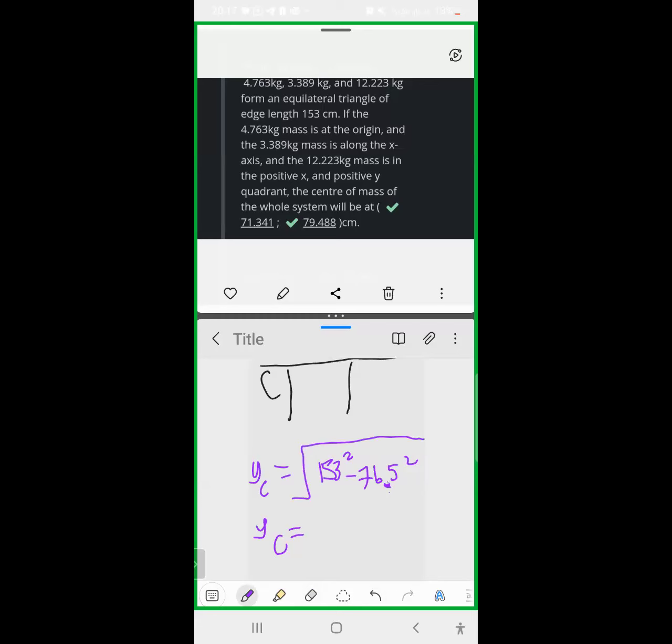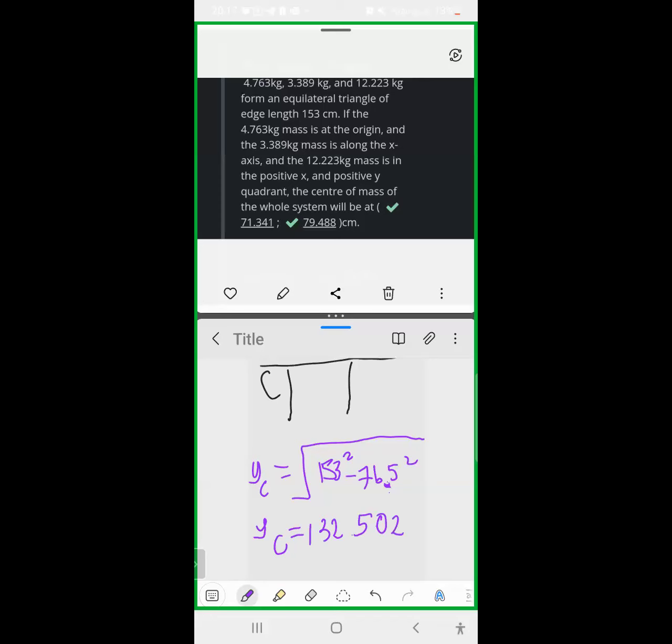So now the y coordinate of the center of mass for C is equal to the square root of the hypotenuse squared minus the x coordinate, which is the base, 76.5 squared. When we punch this on a calculator, it gives us 132.502.